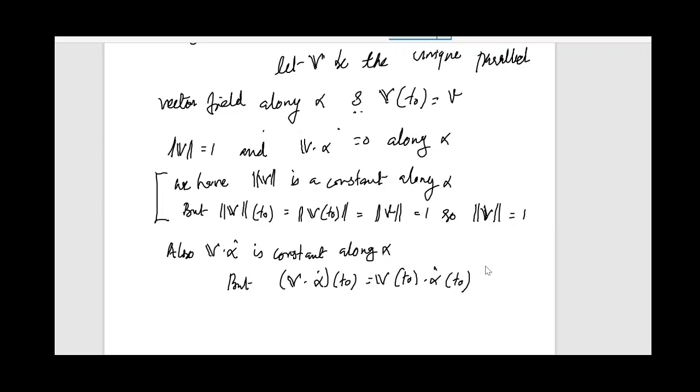Now this is equal to 0. This is normal plane, this is tangent plane, so this is 0. Which implies v dot alpha dot equal to 0.